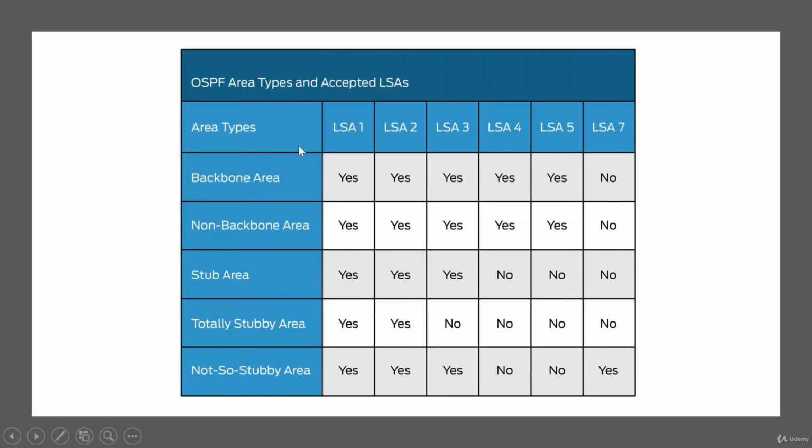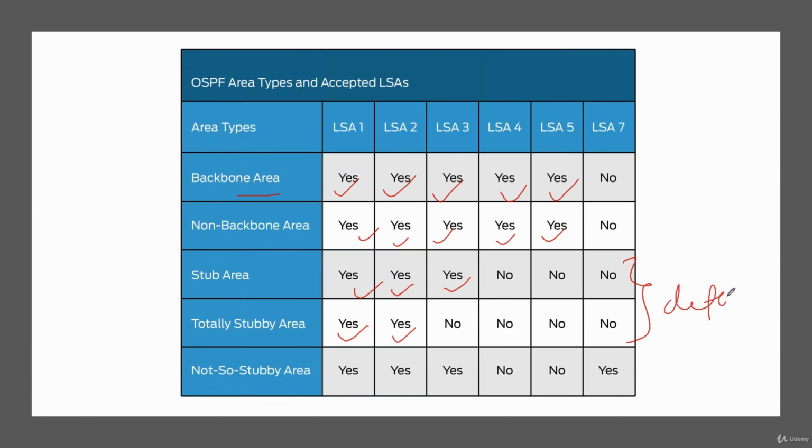But here you can see the summary, and in this summary, let me try to highlight. Backbone: LSA 1, 2, 3, 4, and 5. They are not getting LSA 7. Non-backbone, like area 1, area 2, etc., are also getting all the LSAs. Stub area: LSA 1, 2, and 3. Totally stub area: only LSA 1 and 2.